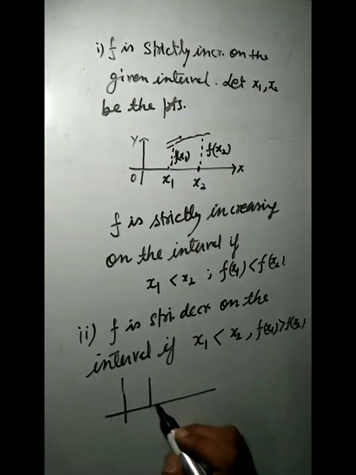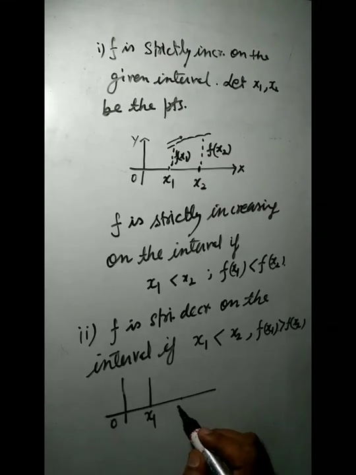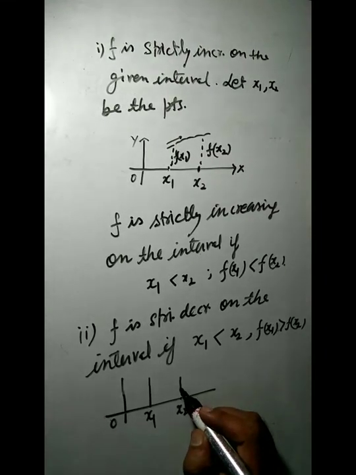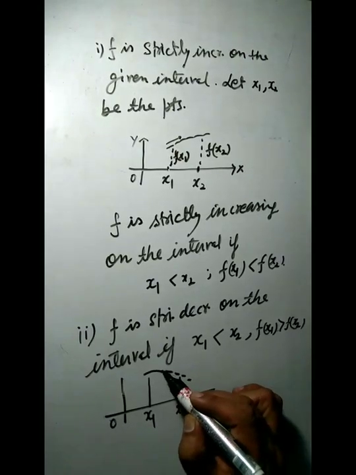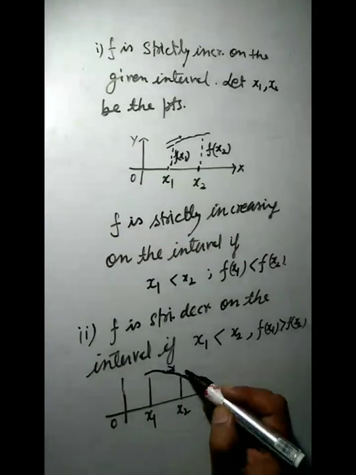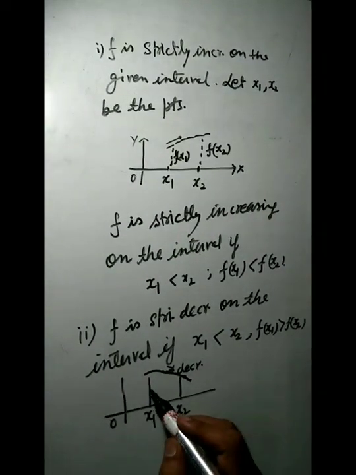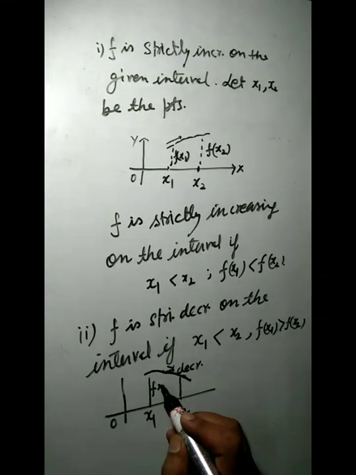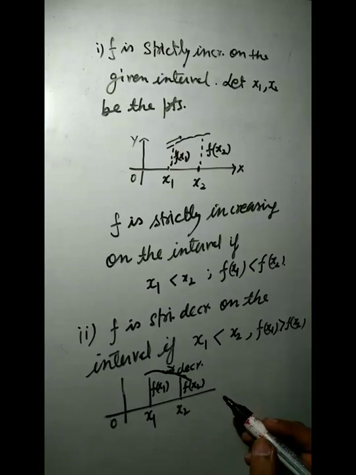So this is point x1, this is origin, this is x2, and let us draw a rough graph here. So this is decreasing and this is f(x1), this is f(x2).